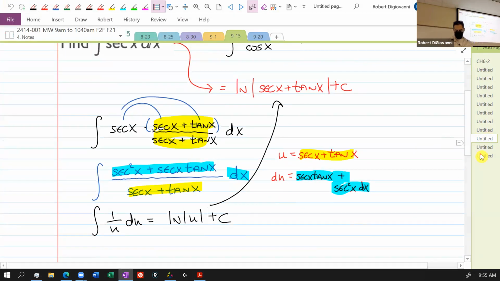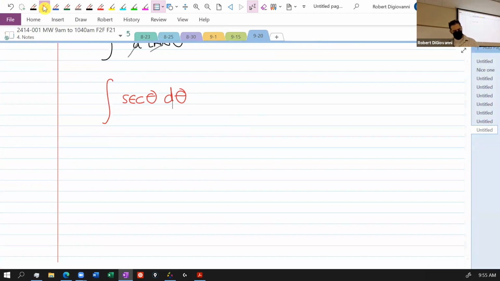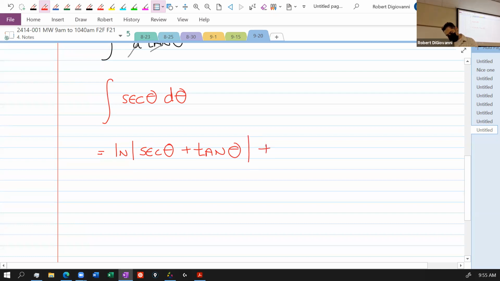Oh, so that's where we are. So this will be equal to natural log of secant theta plus tangent theta plus c. So that's a formula on your formula sheets.